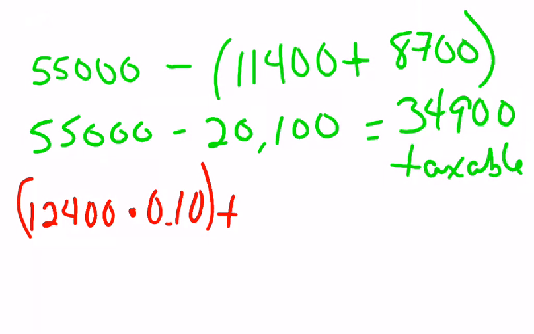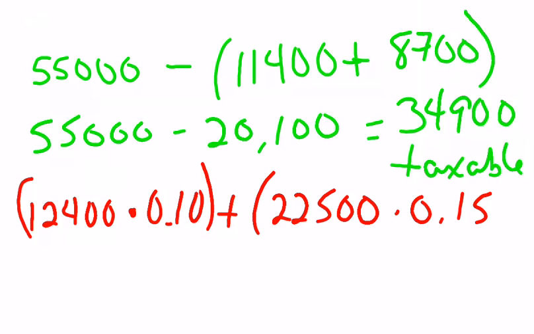So we need to take $34,900 minus $12,400. So $22,500 is what's left over, times the 15%. So $12,400 times 0.10 is $1,240.